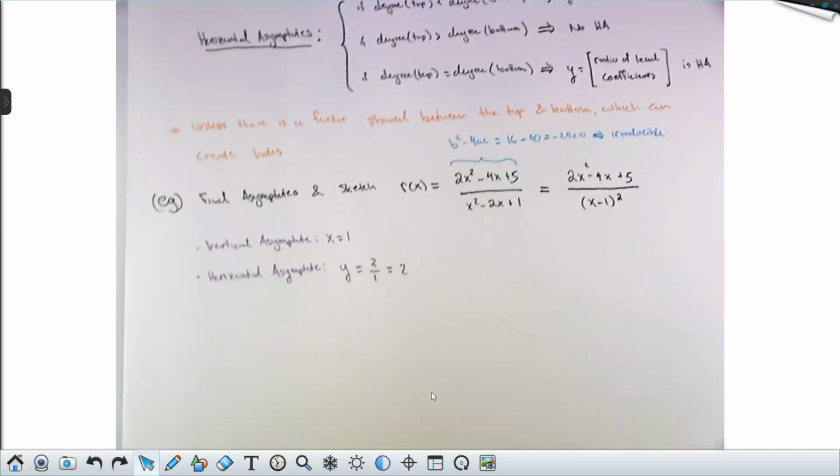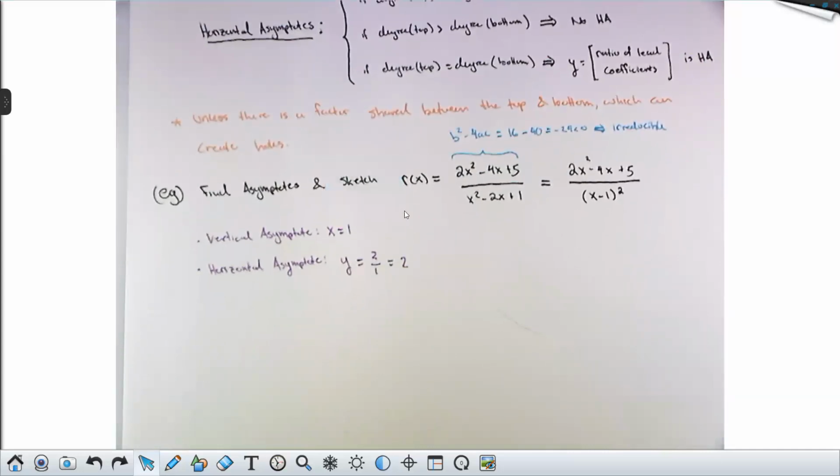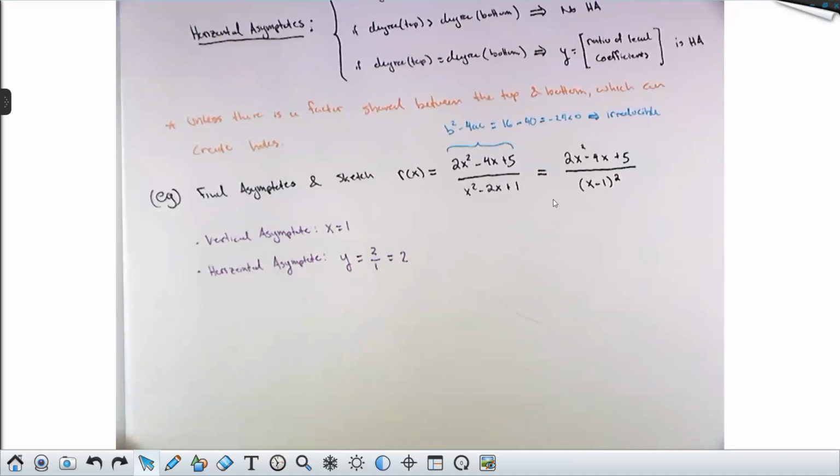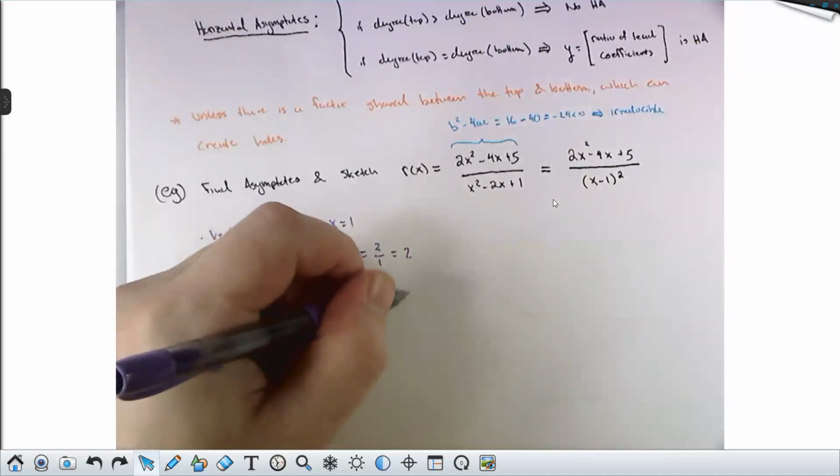Horizontal asymptote's always y equals a constant. Now I want to say a little bit more. I said I want to sketch the graph of this thing, and I'm going to help you get there a little bit this time. What I'm about to do isn't something I would expect you to already know, but I want you to think along with me. So first, let's draw in the asymptotes.